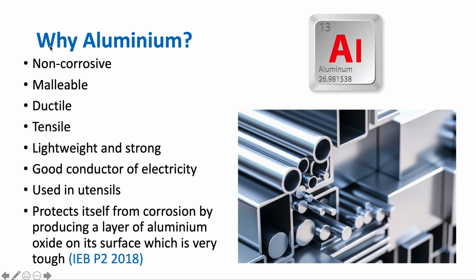So why do we choose aluminium? Aluminium is non-corrosive, it's malleable, it's ductile, it's tensile, it's lightweight and strong, it's a good conductor of electricity, it's used in a lot of utensils, and it also protects itself from corrosion by producing a layer of aluminium oxide on its surface, which is very tough.